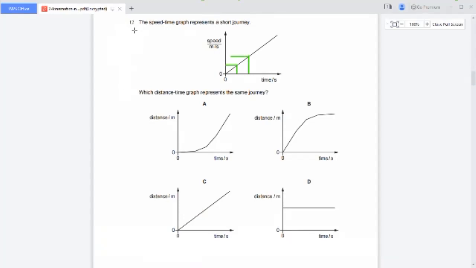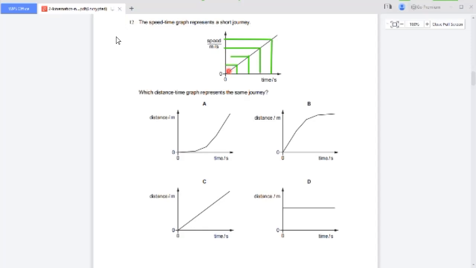Suppose after 3 seconds it would become 15. After 4 seconds it would become 20.